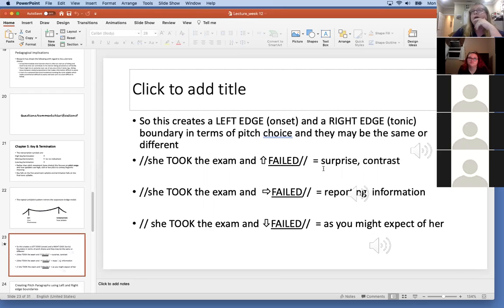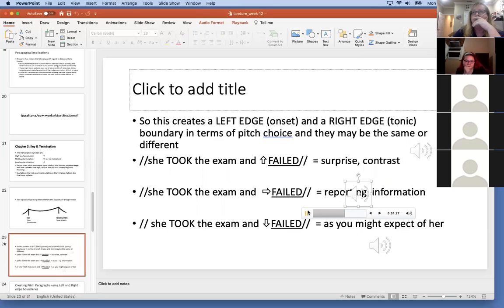So mid to high has a kind of contrast or a surprise meaning. She took the exam and failed. You hear that? She took the exam and failed. Right? She took the exam and failed. High, surprise, contrast.